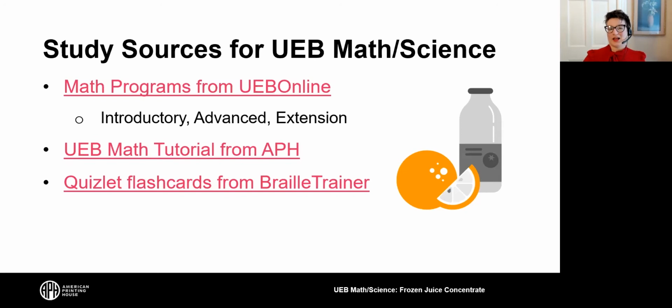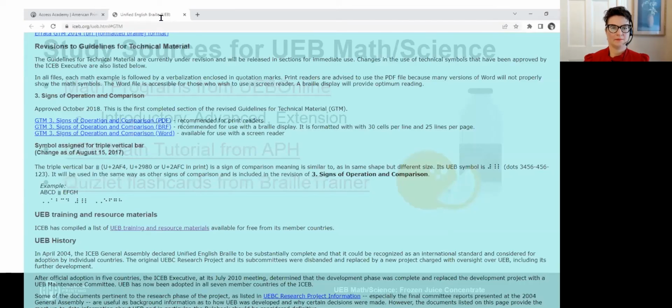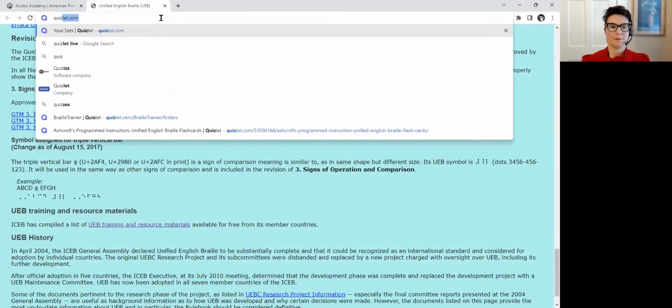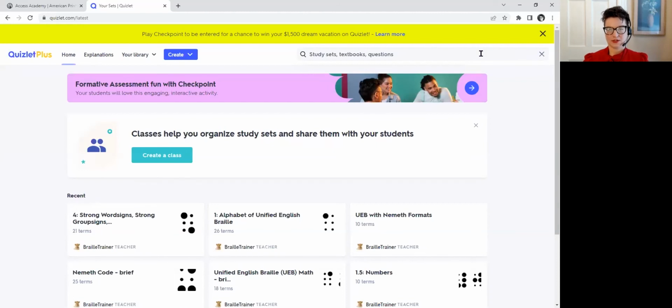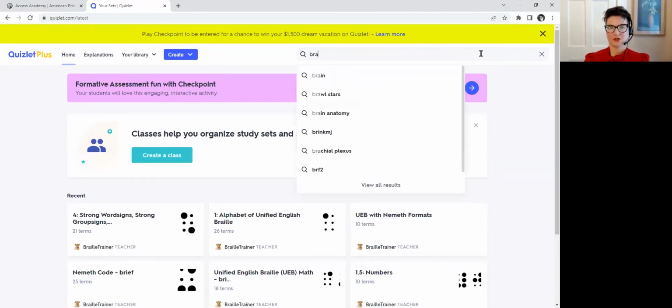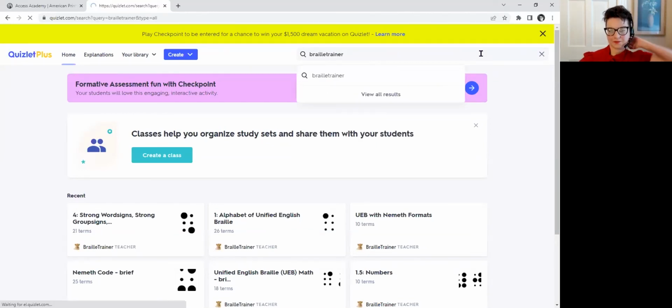I've made some flashcards on Quizlet. My username is Braille Trainer, and the flashcards are organized into folders. If you go to Quizlet.com and search study sets, textbooks, questions, search for Braille Trainer.